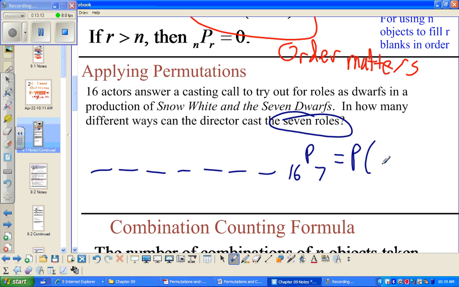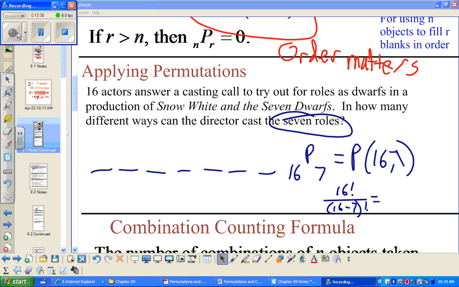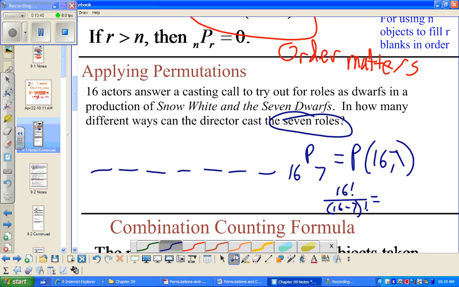We could also write it this way: 16, comma, 7, which would be the same as 16 factorial divided by 16 minus 7 factorial. Which is a big number.